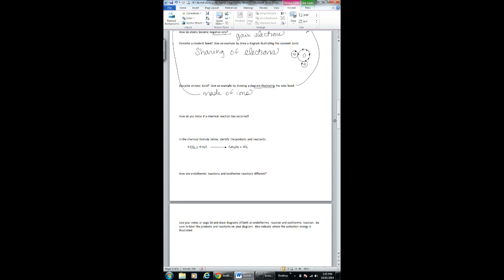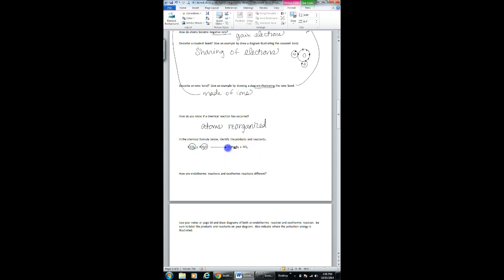Okay, how do you know a chemical reaction has occurred? Well, if you're looking at just the equation here, the arrow is the indication that something has been yielded, but also when the atoms are reorganized or rearranged. So as you can see down here, we start out with CO2 and H2O, and we have the same atoms.